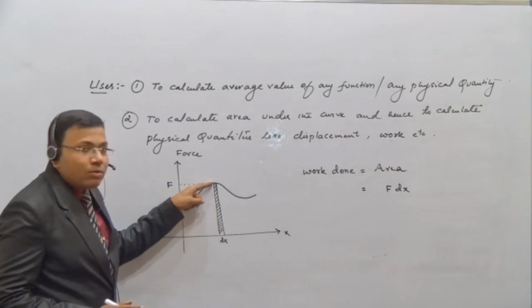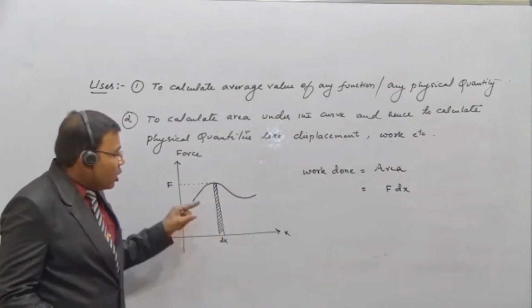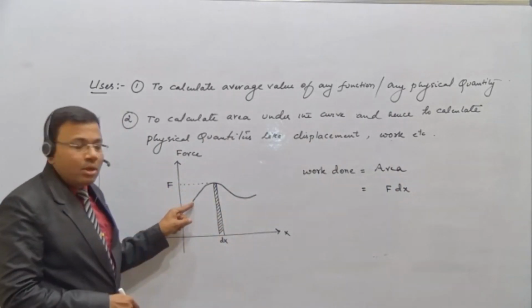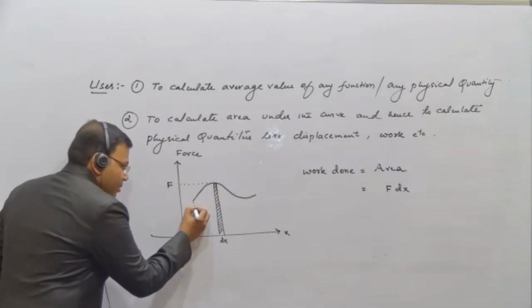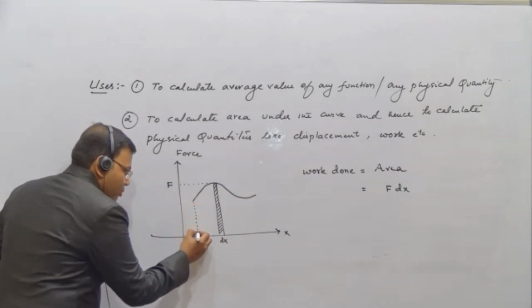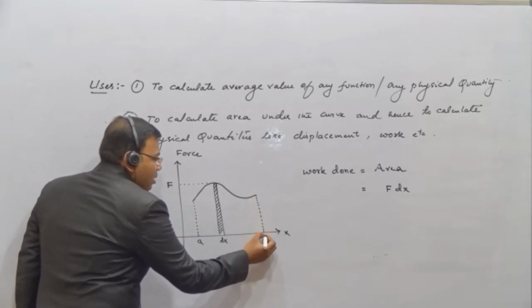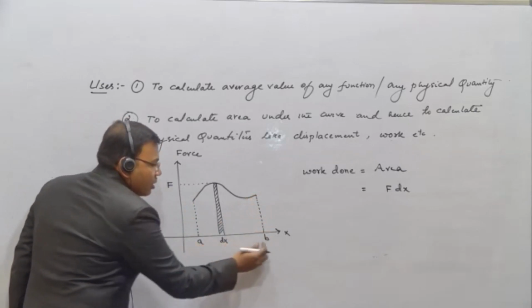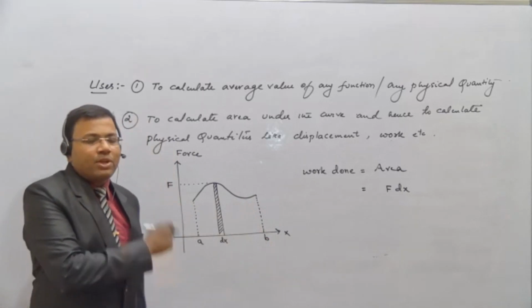But I want to calculate the work done from here to here. The reason is the force started acting here and it ends here. So what I do is take the limits. Try to understand: this is the limit A, and this is the limit B. This is the lower limit, this is the upper limit, as I used in the previous topic.